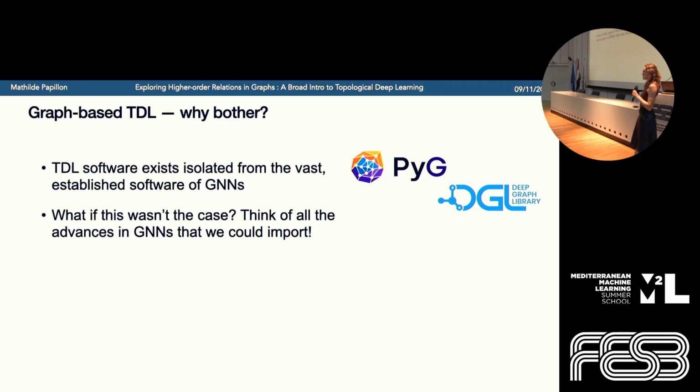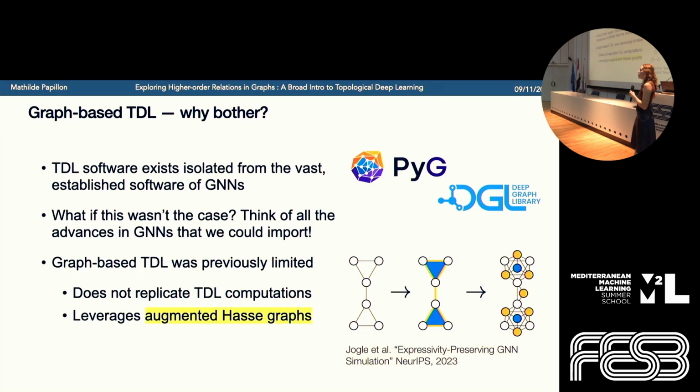So if this wasn't the case and we had access to all these awesome packages, you can think of importing all the advances in the GNN world to TDL on these higher order domains. So people have been thinking about how to do TDL using graphs.